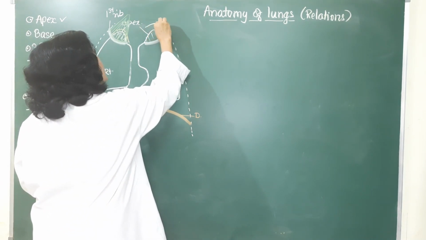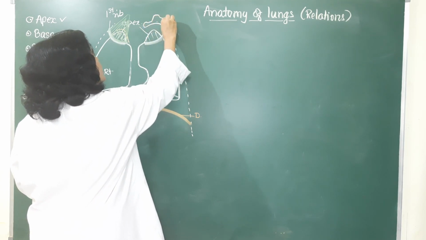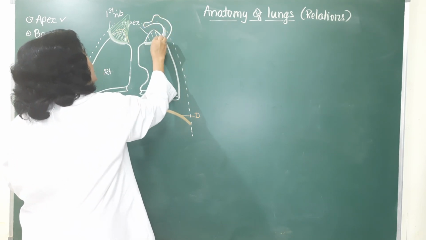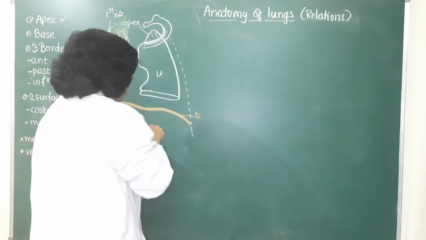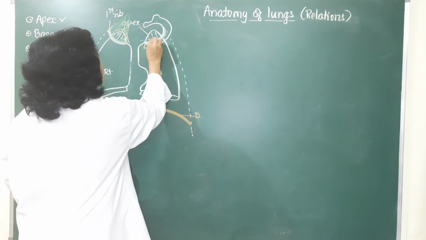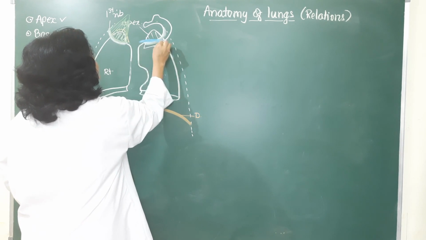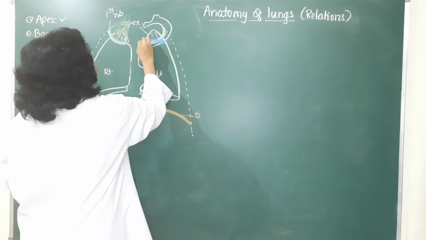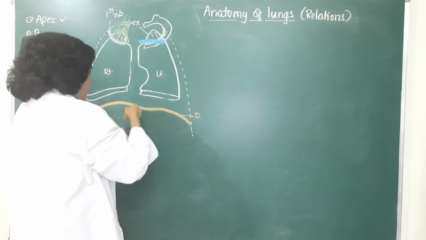Now the relations of the rib which we have seen, we will apply here. I will draw the first rib. So this is the head, neck, tubercle of the rib, and here is the first rib like this. Now we will draw them here. This is the subclavian vein, which is present in the anterior groove.